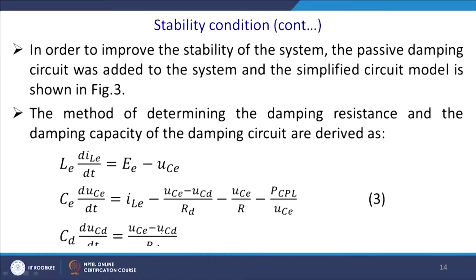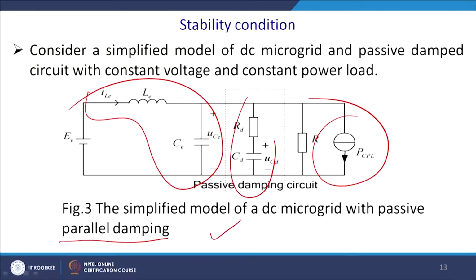Now, let us come to the stability condition once you have damped it. Of course, you expect that stability will be improved. In order to improve the stability of the system, the passive damping circuit was added to the system and simplified as the circuit model shown in figure 3.